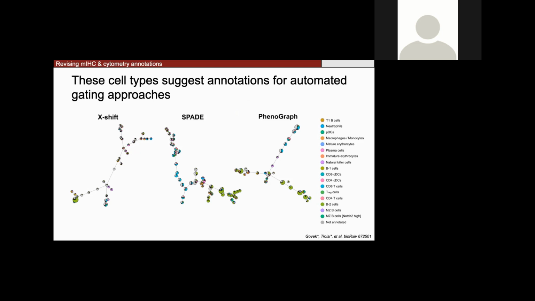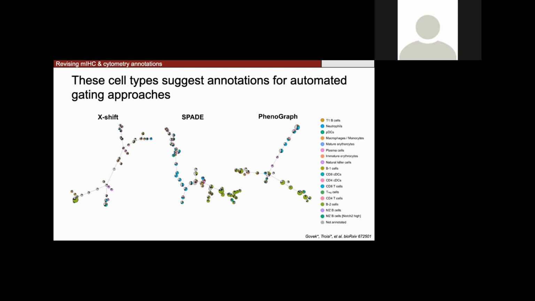This kind of graph is pretty standard for a SPADE analysis, where each circle represents a gated population, and there's an edge between populations if they're more similar. We've added pie charts onto this that represent the proportion of our mapping guided cell types in those gated populations. So for example, this larger green XShift cluster contains most of the B2 cells.